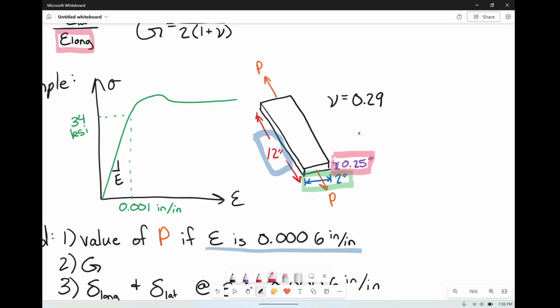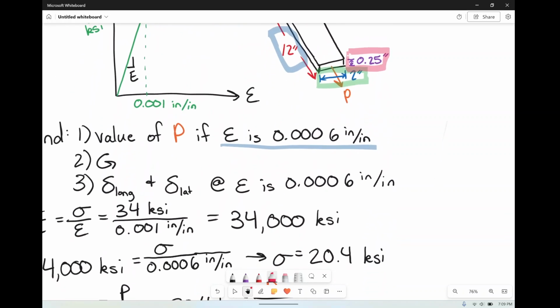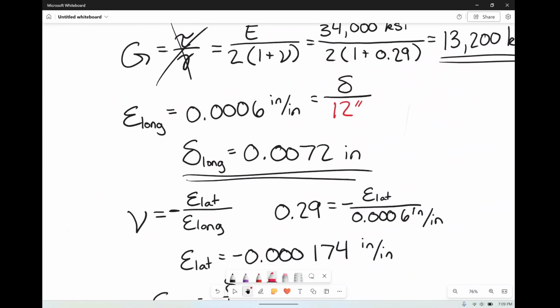If you had a round bar, you're literally just looking at the change in diameter compared to the original diameter, because the cross-section is uniformly a circle. So it's not going to magically become an oval of some kind. It's just going to shrink uniformly across the member. But in this case, because we have a rectangular section, we have two separate directions, the x and the y, so we're just going to evaluate this separately.